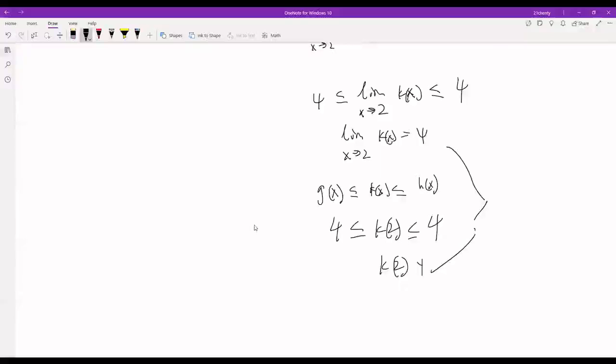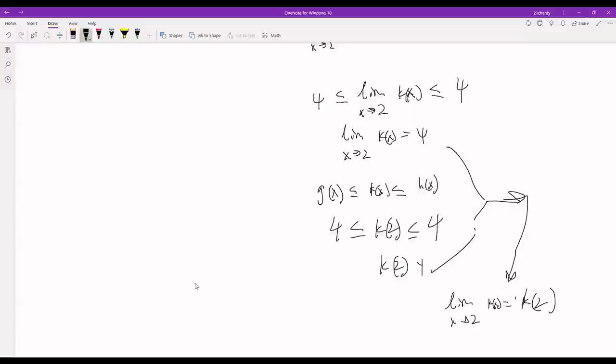And we see here and here that, I'm not going to have enough room. That limit as x approaches 2 of k of x equals 4, or no, equals k of 2.